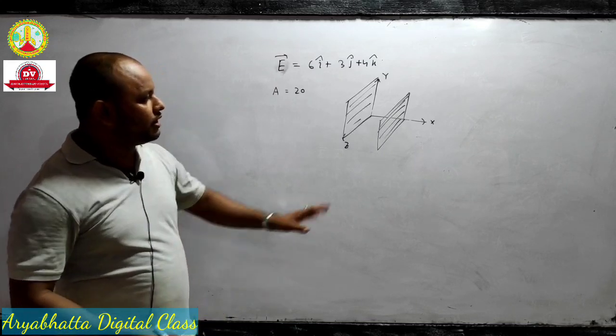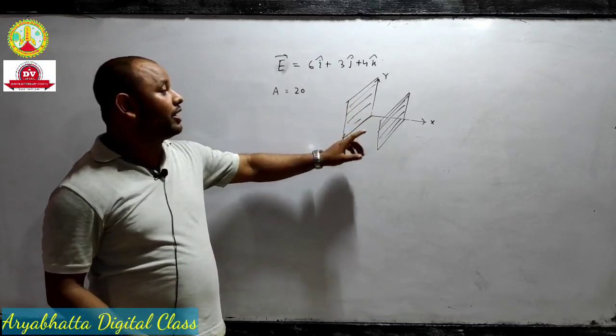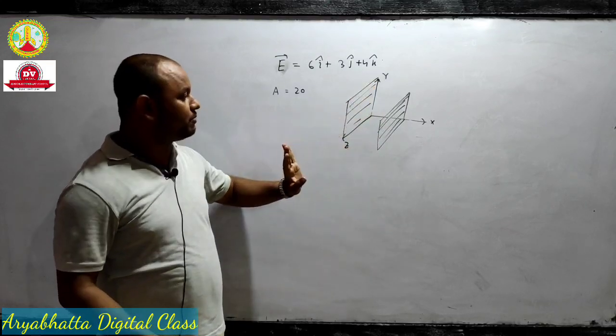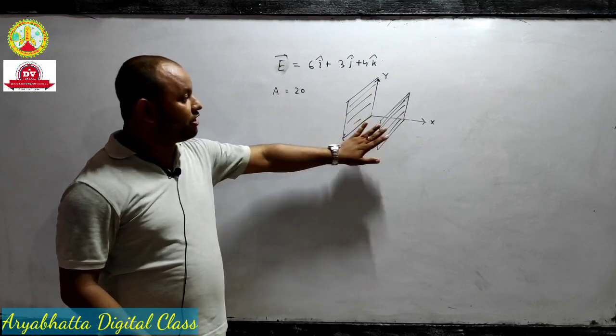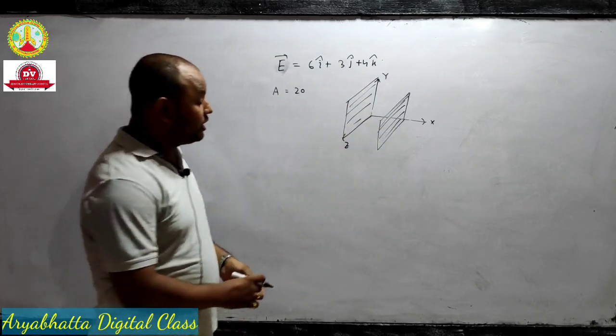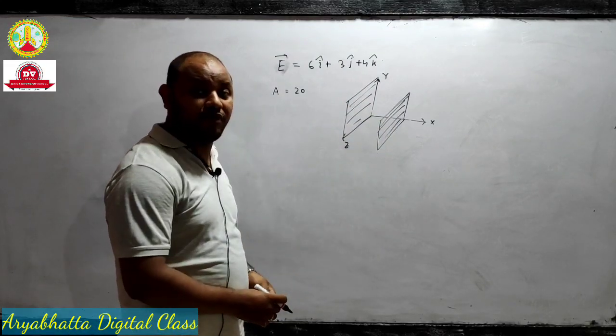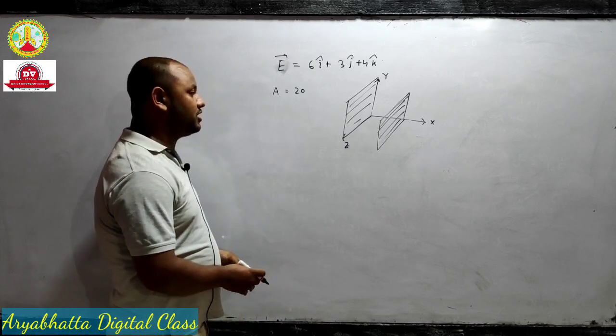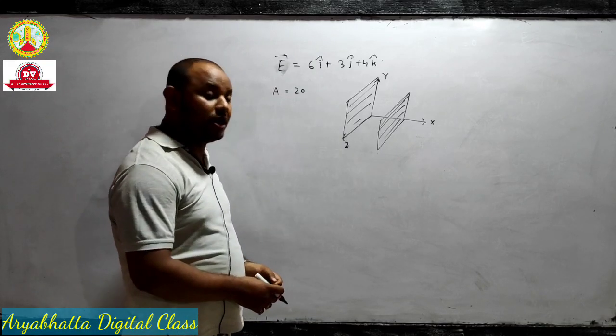Here the surface is parallel to yz plane. Then what will be the direction of area vector? It is always normal to the surface.